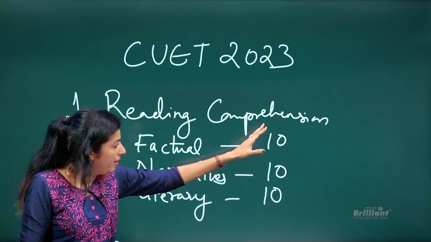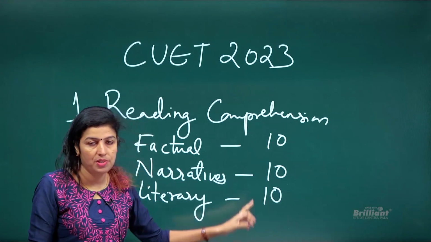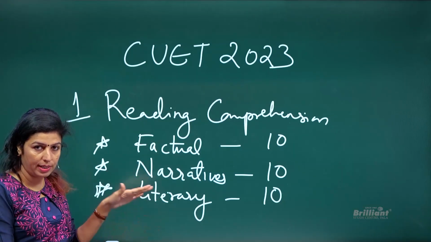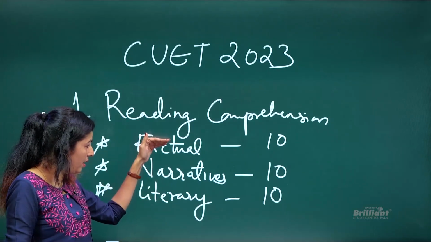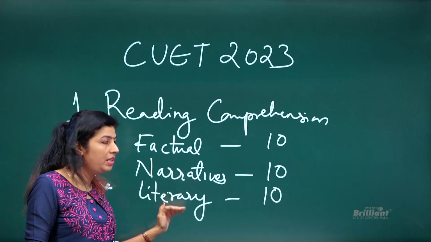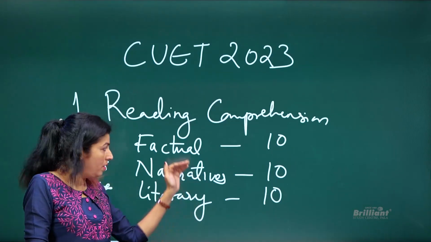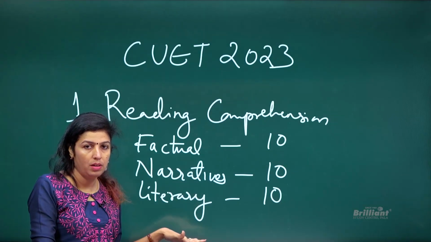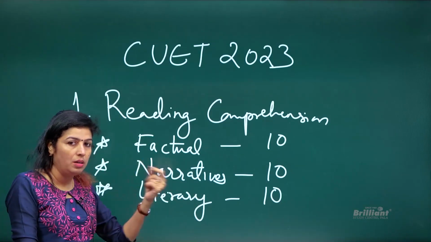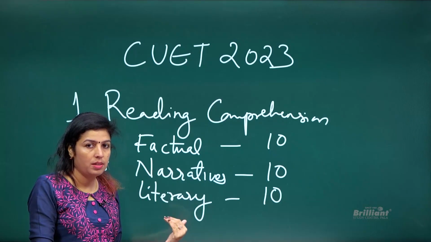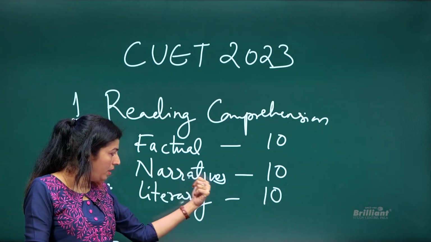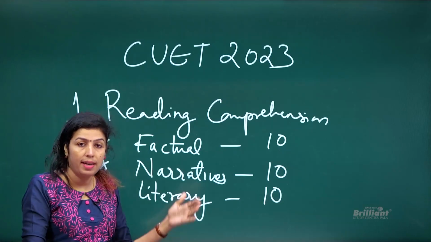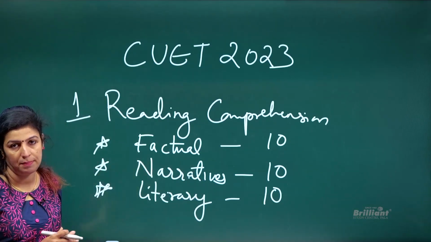We have 30 questions which come from reading comprehension, and the types of passages we have seen are factual, narrative and literary. Narrative and literary types are less time consuming, and factual is a little more time consuming, but still comparatively easy to understand and comprehend.